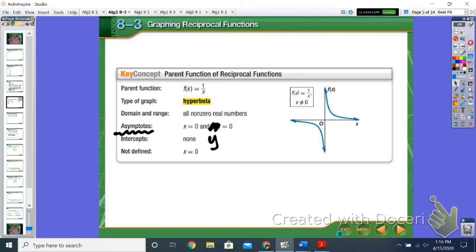So in this case, we have two asymptotes. I'll just use this parent function. We have what we call a vertical asymptote right here on our y-axis, because if you focus on the blue curve, the hyperbola, as it goes up at the top there, it approaches the y-axis, but it's not actually going to touch it.